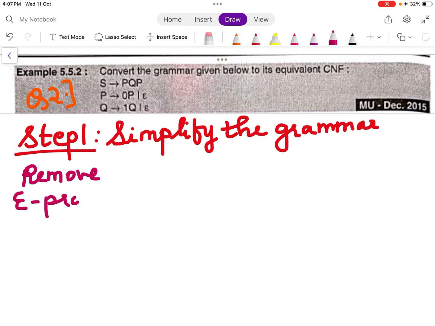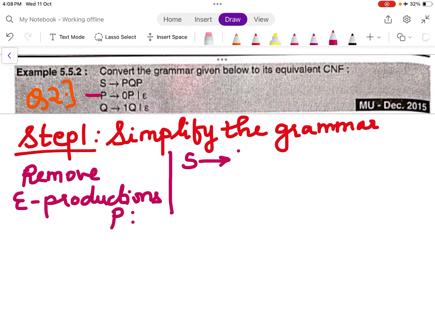epsilon productions. To remove epsilon productions, what we do? Remove epsilon productions of P first. So we remove of P. So the productions will be S gives PQP. If you remove P, you get QP, PQ.